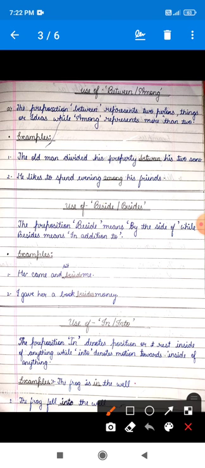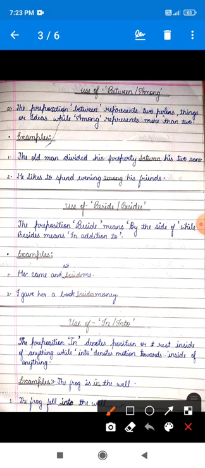Okay. Okay, dear. Now see the next point, use of in and into. Okay, dear. So dear, preposition in and into.